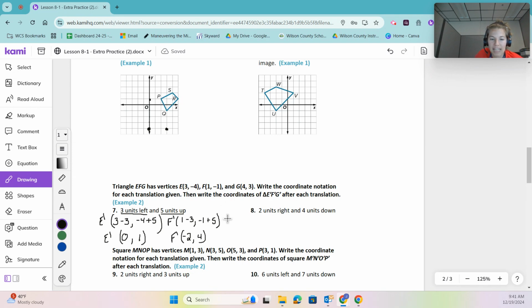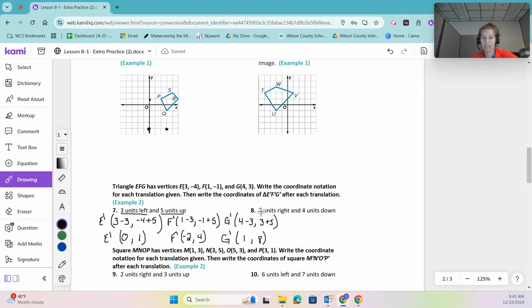And G prime, doing the same thing, 4 minus 3 for my x value, and 3 plus 5 for my y value. So G prime is 1, 8. You could check this on a coordinate plane to make sure that you've got the right thing.